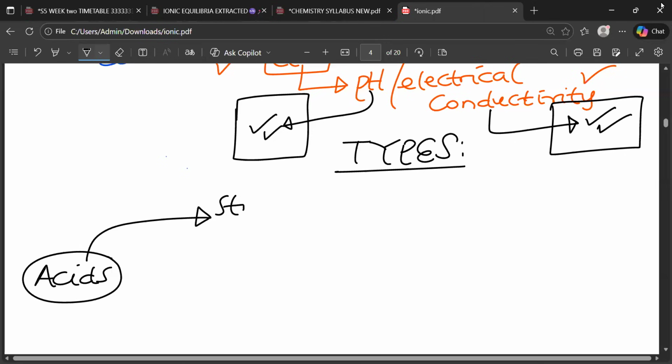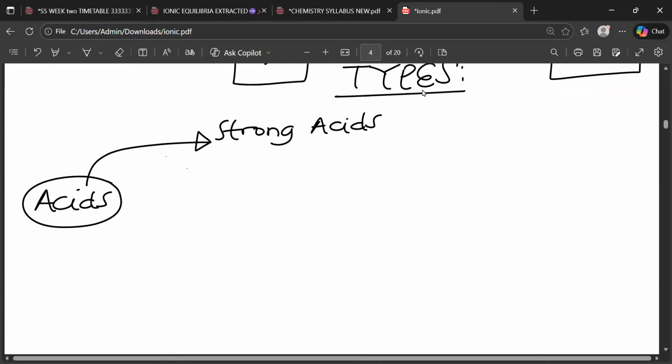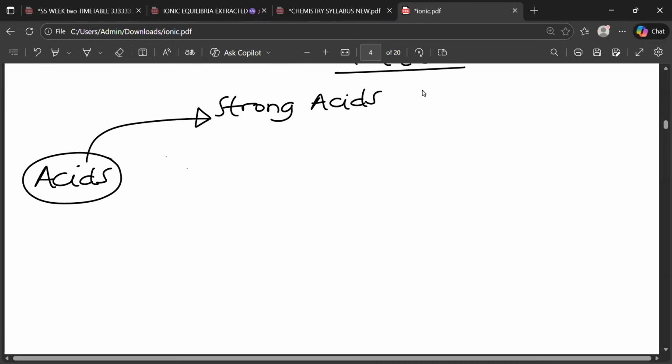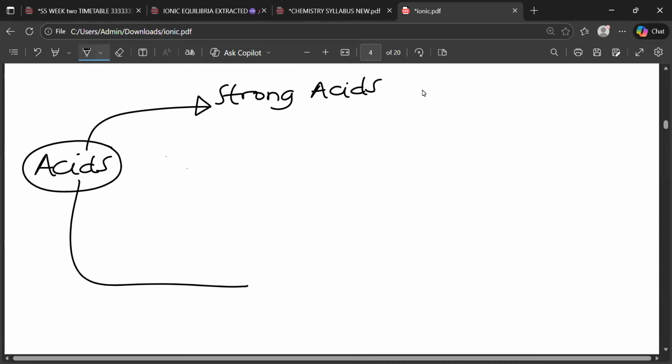If you're following, when I was just saying pH with the arrow then ticks, what did I say? You see, people don't recall. Yes, Britha, what did I say? You said we do research whether they conduct electricity or not. Are you sure?